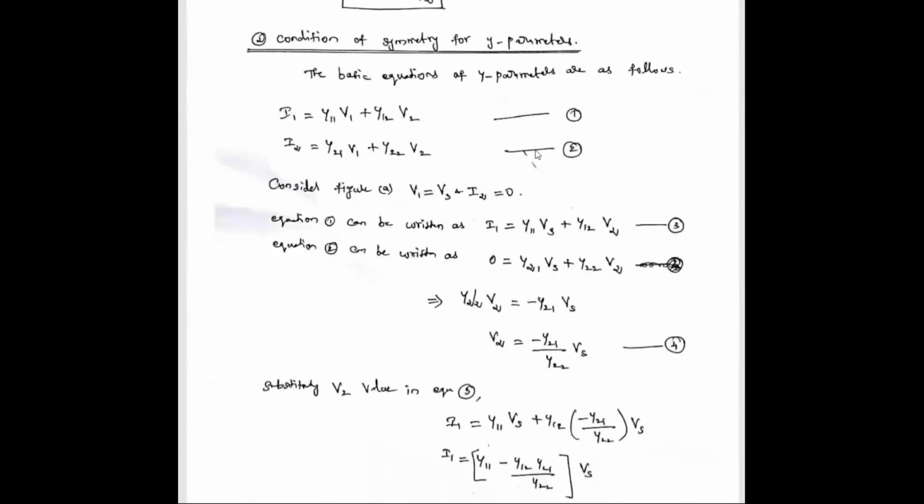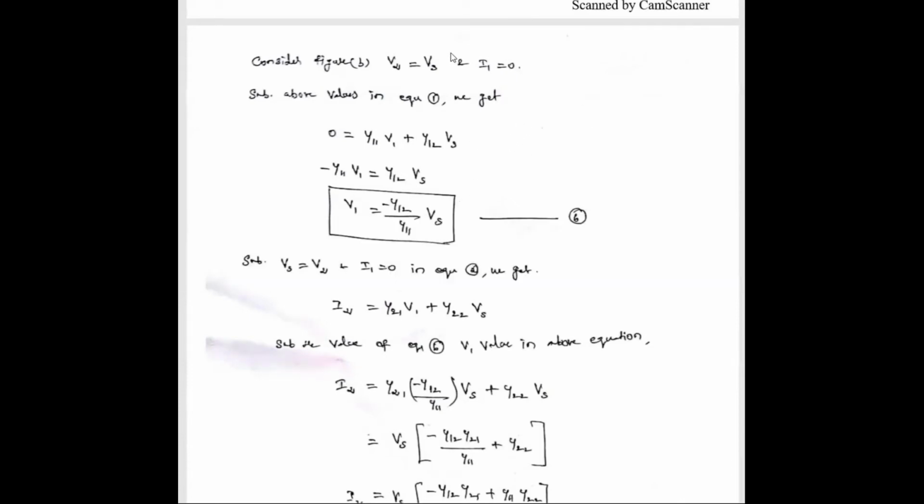So in equation number 1 we will get 0 equal to y11 into v1 plus y12 into vs. Okay, so from this we find the value of v1, so you take it as equation number 6. But here in this case we have to find the ratio vs divided by I2.